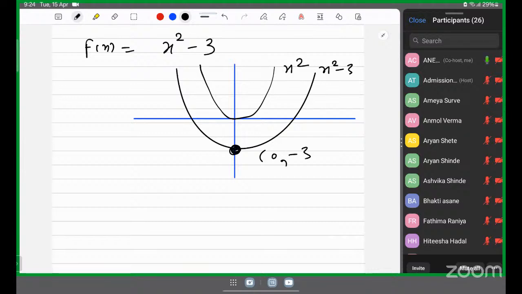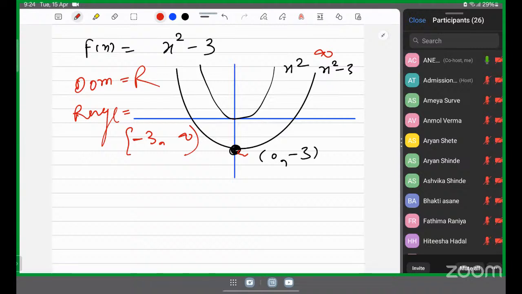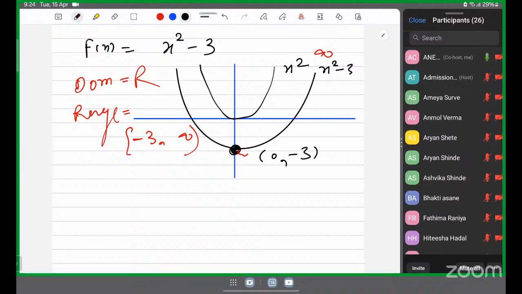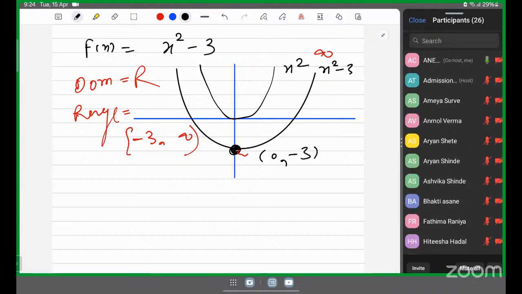From the graph, it is clear that the domain will be R. What will be its range? The range will be from minus 3 to plus infinity. Minus 3 closed, infinity open. Understood, or any doubt? Yes? Okay.